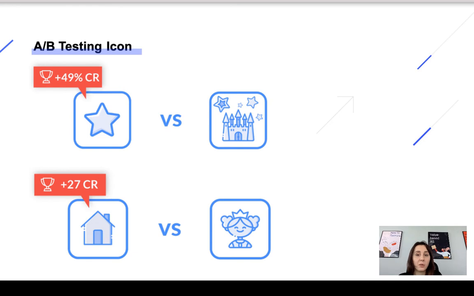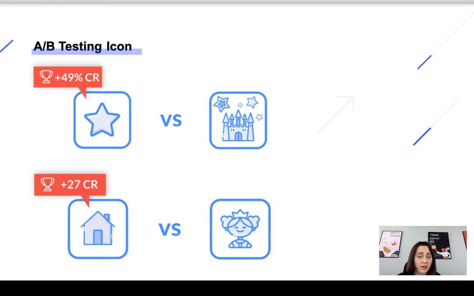Next, you can keep polishing the app page by optimizing and A/B testing the icon. In the slide, you can see a couple of sketchy examples that we observed with our gaming clients. The first one is A/B testing for a match 3 game, and the variation with a bigger object was 49% better in terms of conversion than the icon showing many small tiny details.